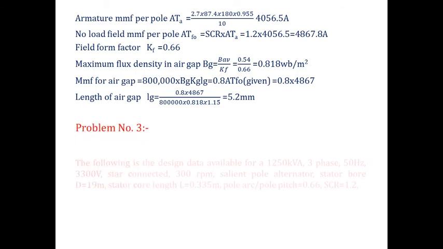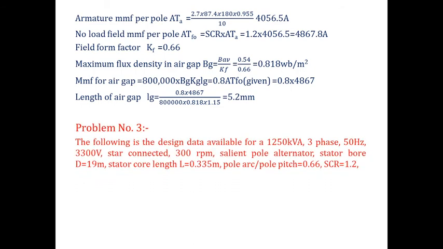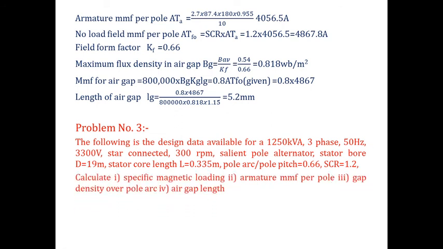Now next, problem number 3. The following is the design data available for a 1250 kVA, 3-phase, 50 Hz, 3300 volt, star connected, 300 rpm salient pole alternator. Stator bore diameter is 1.9 meter. Stator core length is 0.335 meter. Pole arc to pole pitch ratio is 0.66. SCR, short circuit ratio, is 1.2.